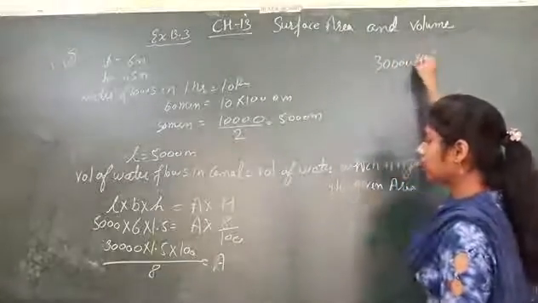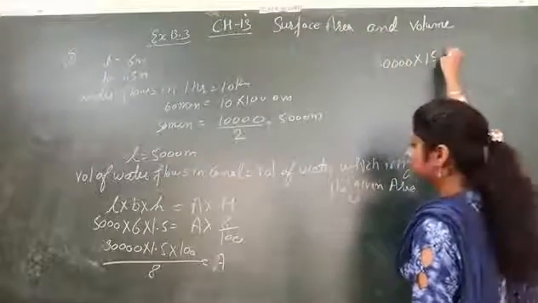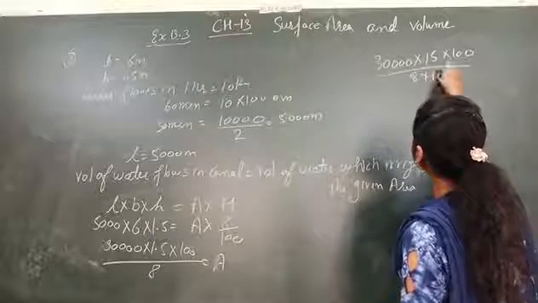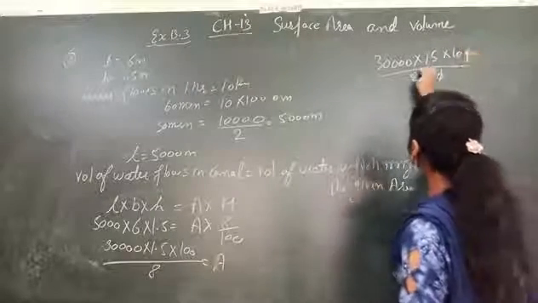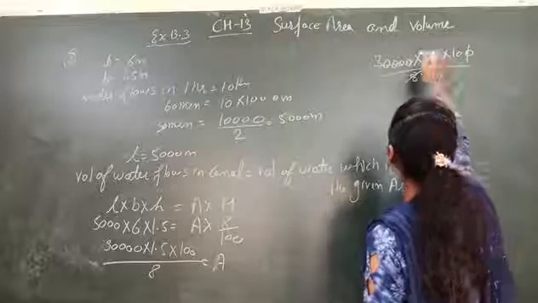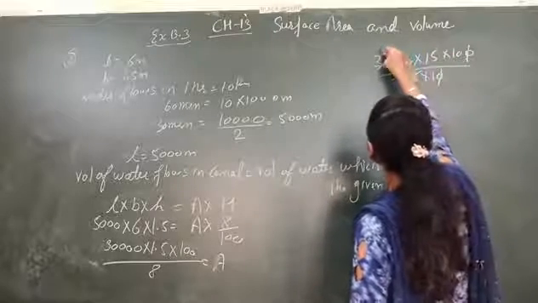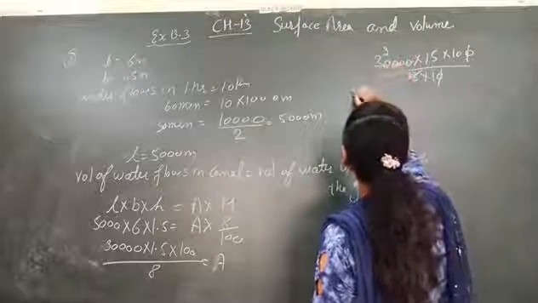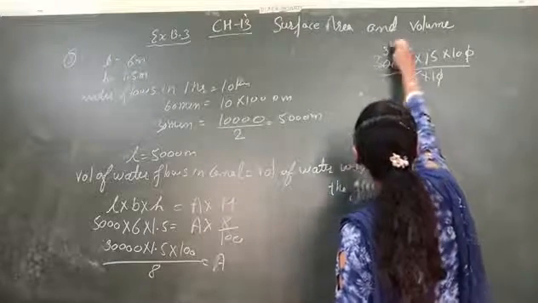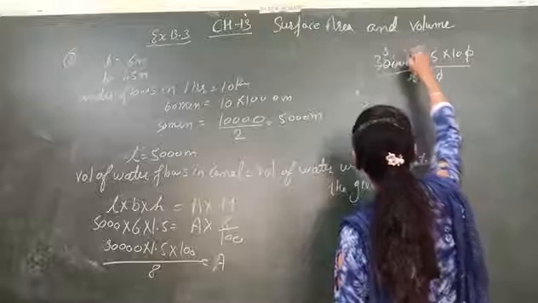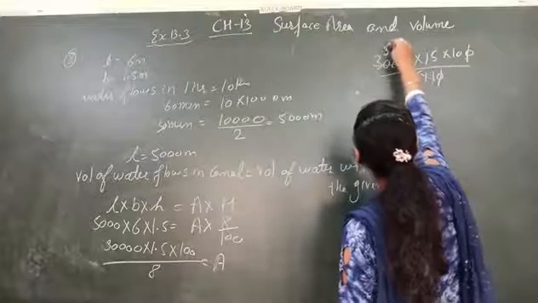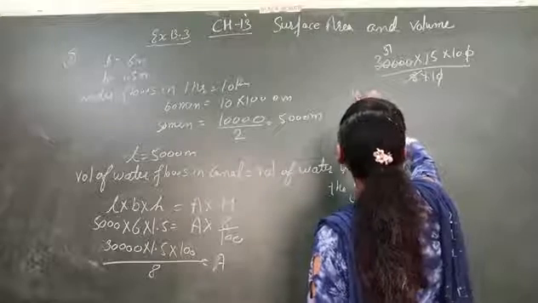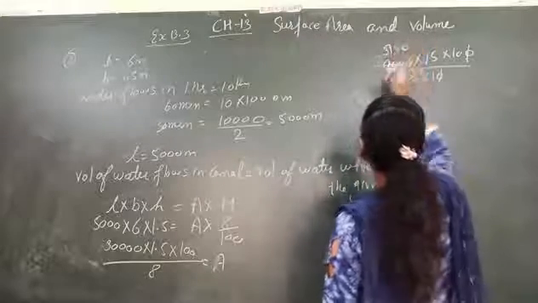30,000 into 10, one 0 will be cancelled. 8 3s are 24. 750.